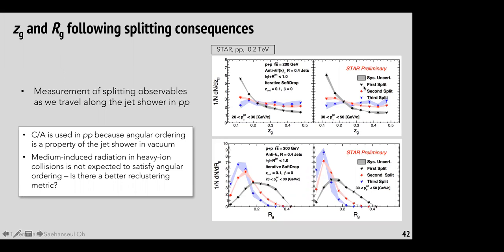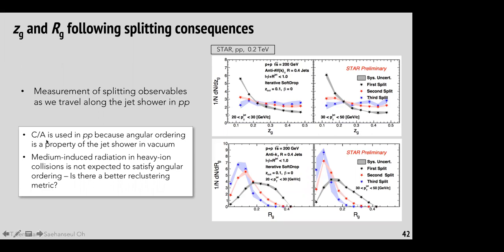Black is the first split, red is the second split, blue is the third split. As we go to later and later splits, the zg distribution changes and also the Rg distribution changes. And it is consistent with our picture, because at the beginning it is a large-angle and soft splitting, but later it's a harder and collinear splitting. So it's consistent with our knowledge.